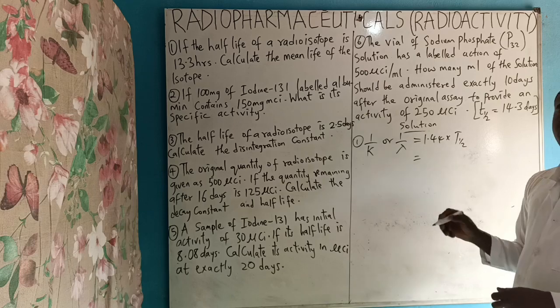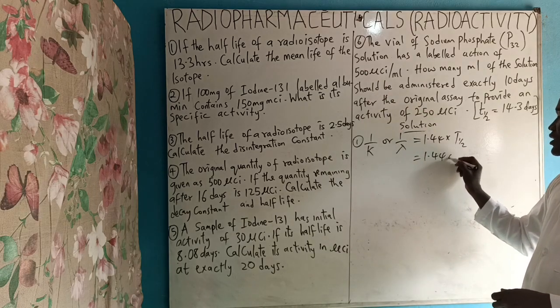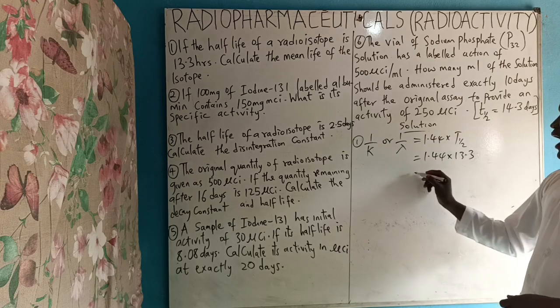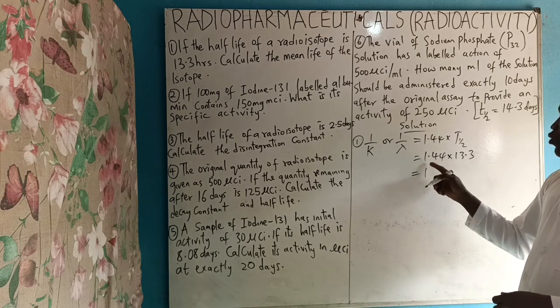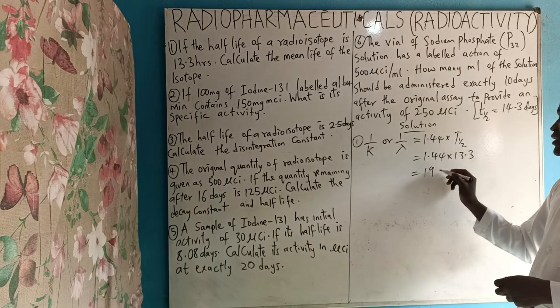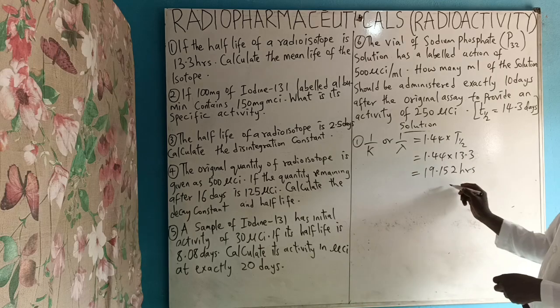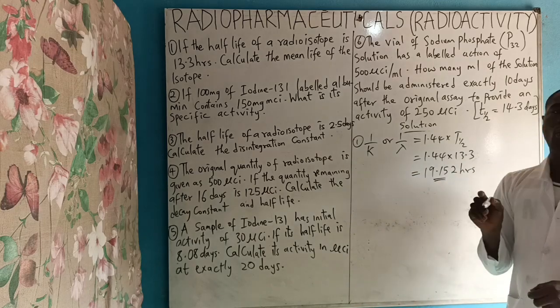The half-life is 13.3. 1.44 times 13.3, when you press this in your calculator, gives 19.152 hours. So the mean life is also in hours, 19.152 hours.